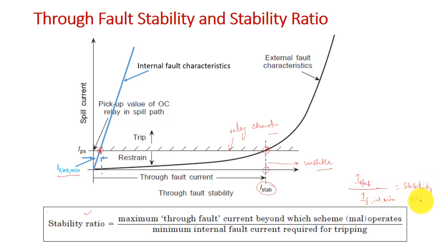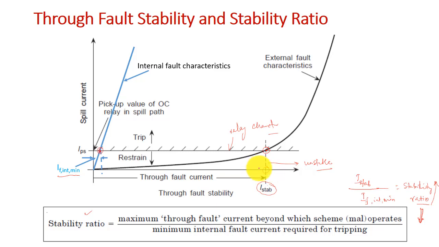If the stability ratio is higher, the value increases, that means it is good for the differential protection scheme, and your differential scheme is more accurate. If your stability ratio is less, that means it is responding to the through fault or external fault very quickly, becoming unstable very quickly for the external faults.